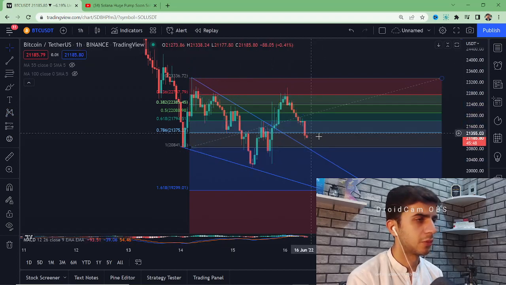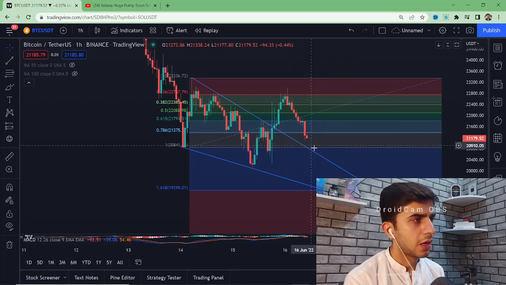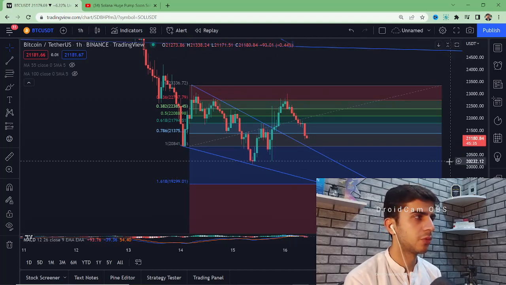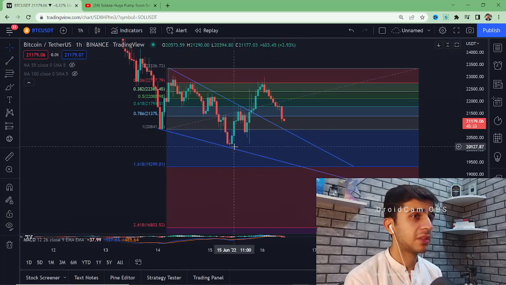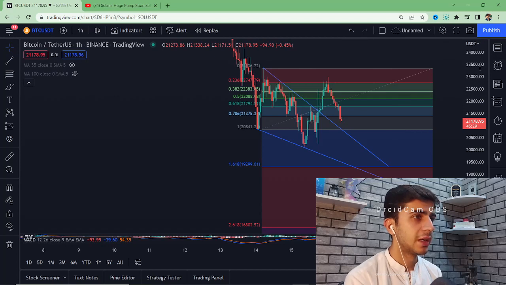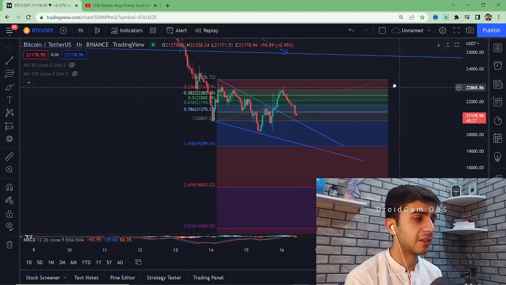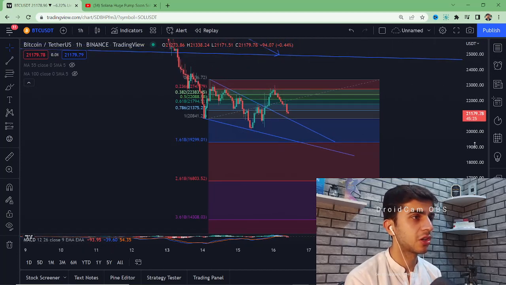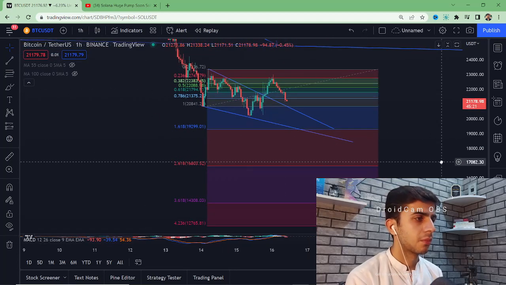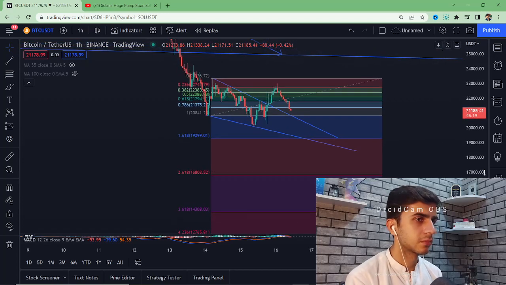Okay, not forming. So I want to see the reaction of the price on this trend line first. If it breaks this one, this is the very obvious scenario: 1.61 of the golden ratio. By the way, this is the right time. This area that you see right in front of you is absolutely the right area where you should start accumulating your Bitcoin before it goes anywhere.